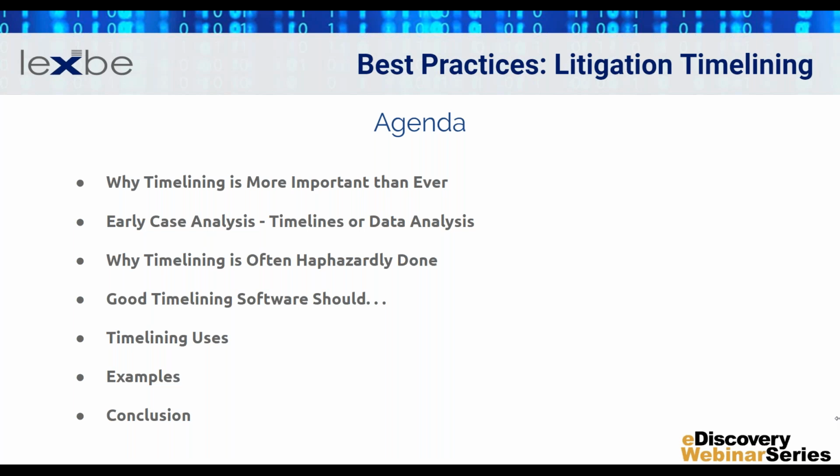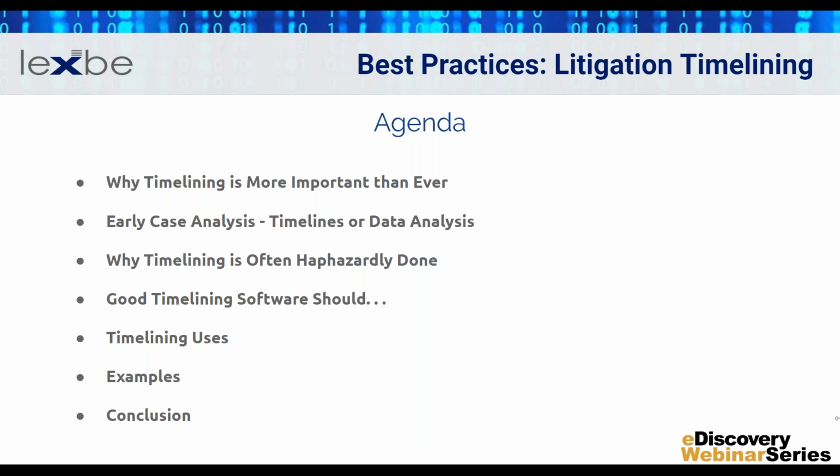So I want to cover why I think timelining is so important now and the reason that it has become more crucial. I also want to discuss how timelining can assist in early case analysis, or ECA, the way that we used to do it and the way that we can do it now with e-discovery software that has timelining features available.